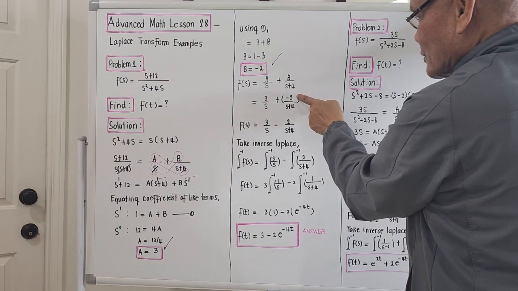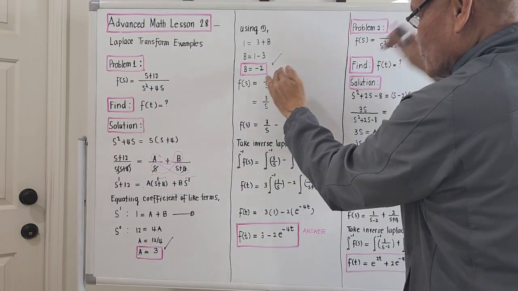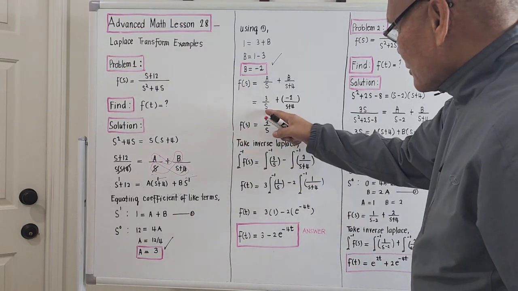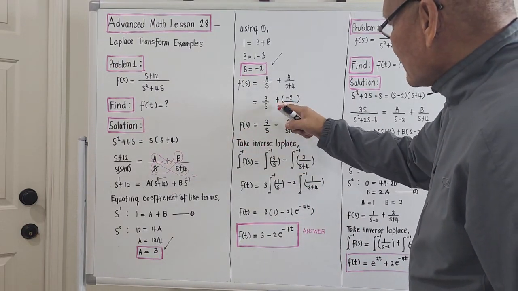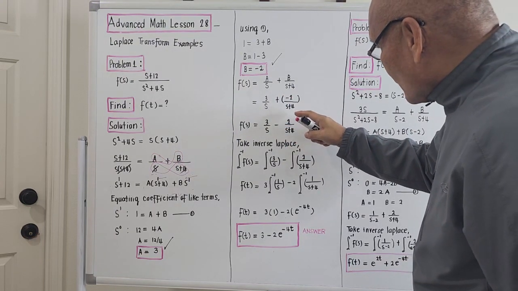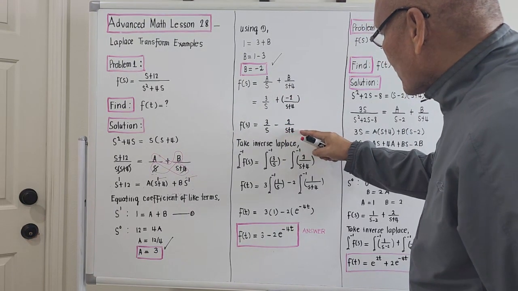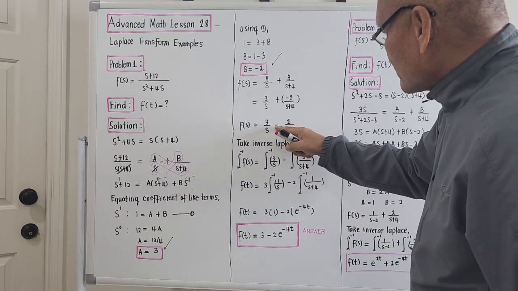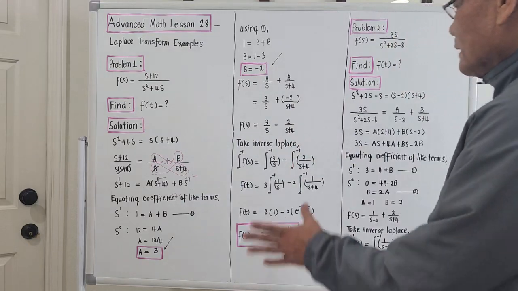This is very dangerous because there is a negative sign here. I put the quantity. So function of S now will be 3 over S, a plus and a minus will be minus, this is multiplied by 2 all over S plus 4. Okay? A plus and a minus is a minus. So the overall sign here will now be minus.